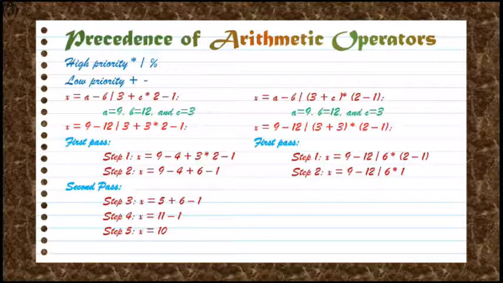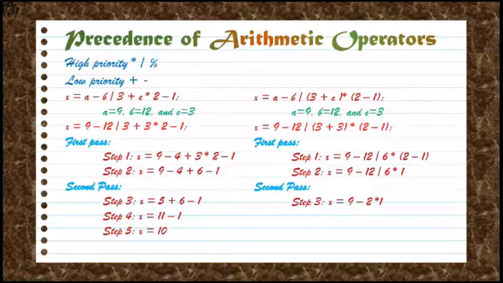Now calculate the division and multiplication operations from left to right. So in pass 2, we will do the division, 12 divided by 6, that is 2. So in step 3, the equation will be x equal to 9 minus 2 into 1.